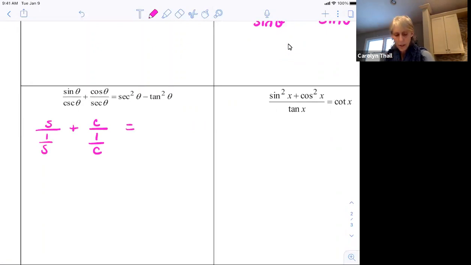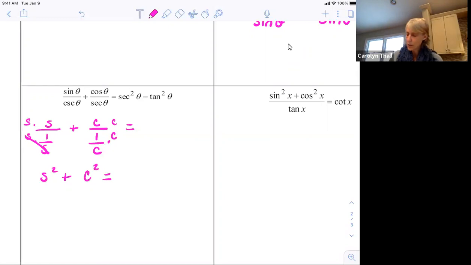I'm going to leave the other side alone for right now. I'm just going to work on cleaning up the left. Common denominator, I want to simplify this complex fraction. So I have sine squared plus cosine squared equals.